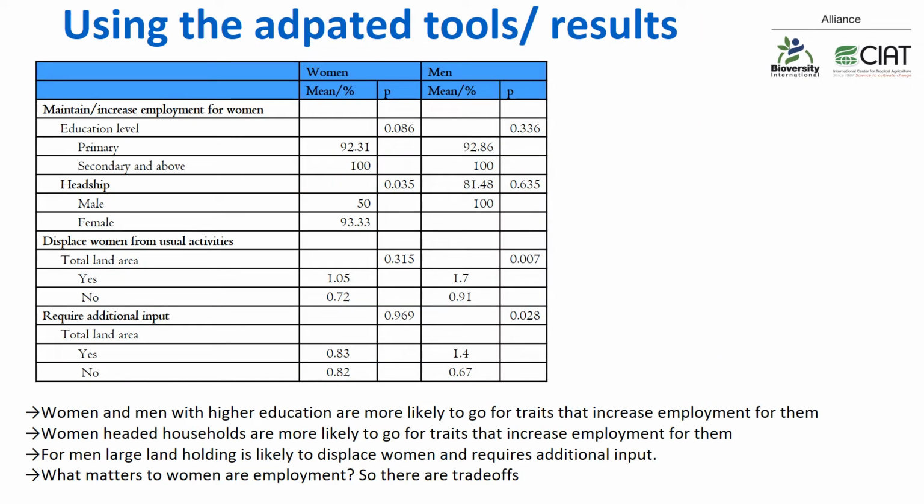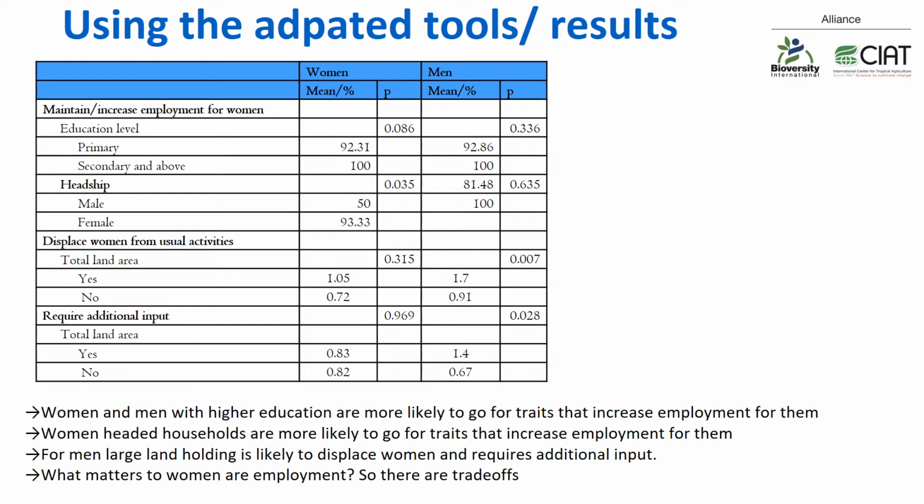What was interesting was that different information came up when we added other variables to do with education and land holding: men and women with higher education were more likely to go for traits that increased employment for them, and this was seen with women-headed households.